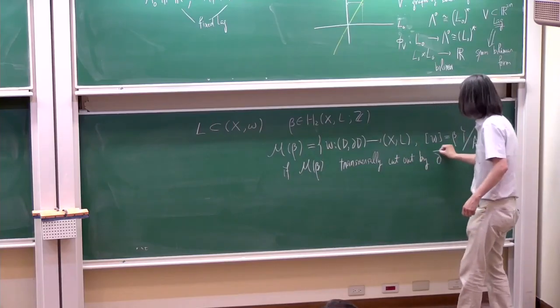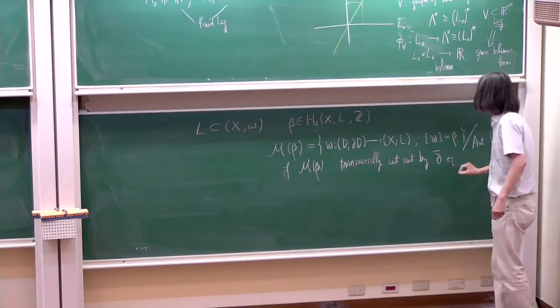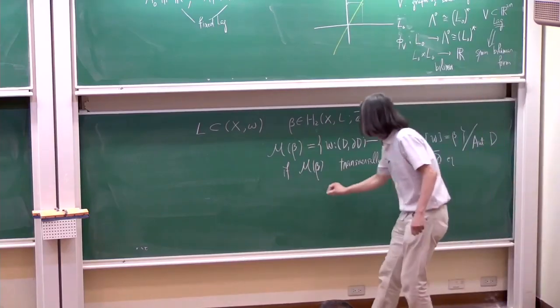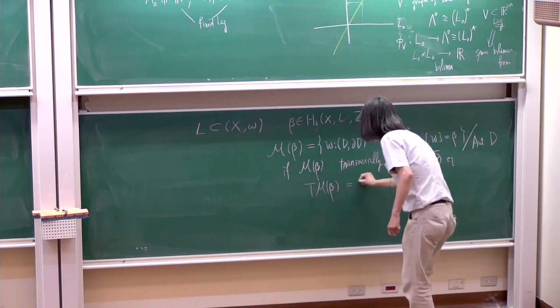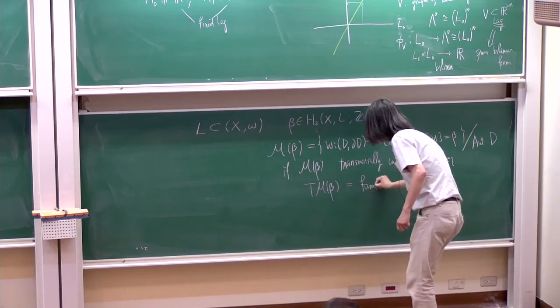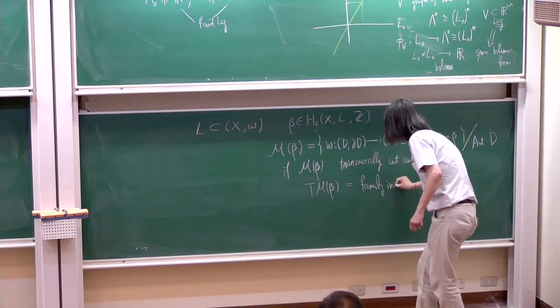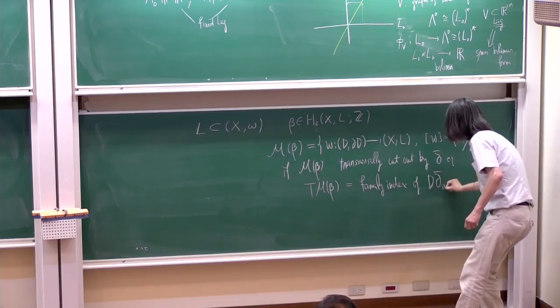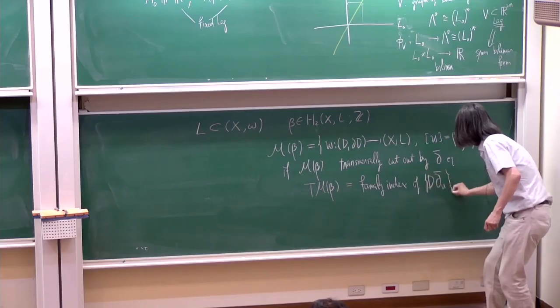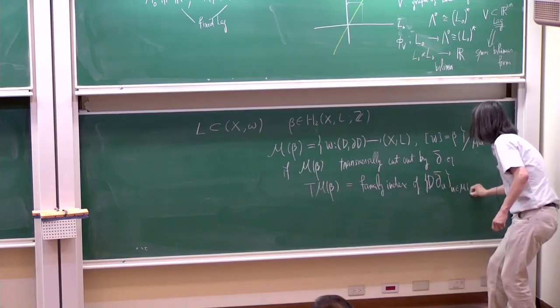by this d bar equation, then the tangent bundle is actually the family index of this d bar of u, where u runs over this space.